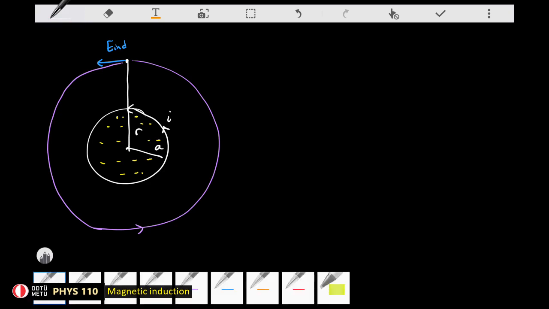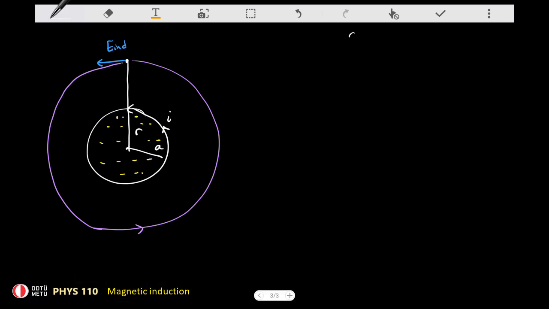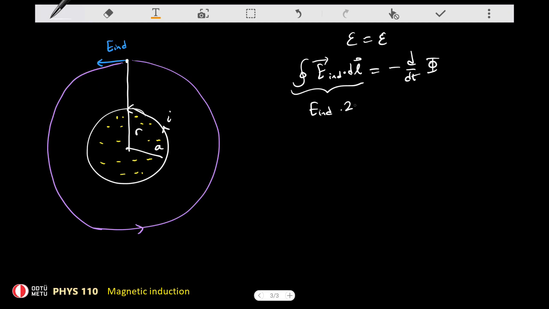Okay. So again, I'm going to use this expression for the EMF. So as a result, the induced electric field dotted with dl integral is equal to minus the rate of change of the flux. So this part is again the same, at least in terms of the unknown electric field.